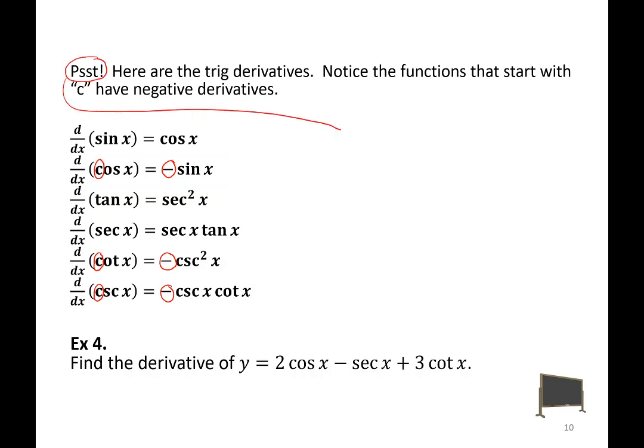So let's take psst and write it out. And we'll ignore the p because, I don't know, the p is always silent, even though it's not here. And we'll just focus on the SST. So S is going to stand for secant x. Same for this S. And then T stands for tangent. So the way this mnemonic works is if you want to know the derivative of, let's say, secant, you can read it left to right.